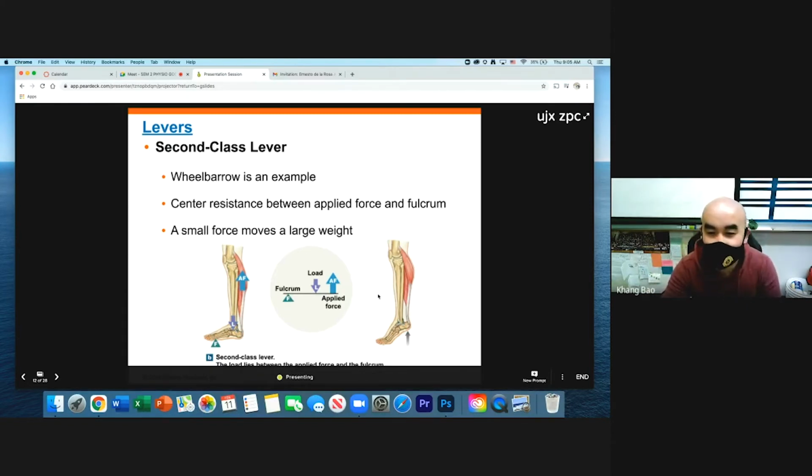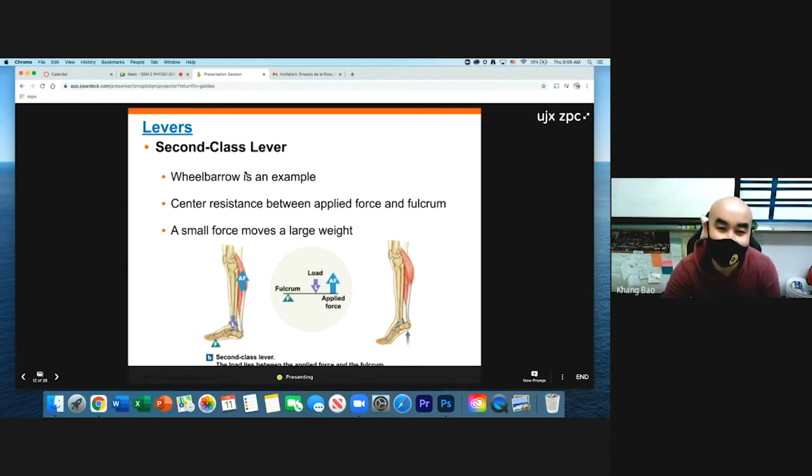For example, you have your muscle here. It applies force, it contracts, and when it contracts, it's able to move the load, your whole entire body. Have you noticed how amazing it is that you just have to tiptoe up and your entire body is being supported by this muscle that contracts to pull up your entire body?